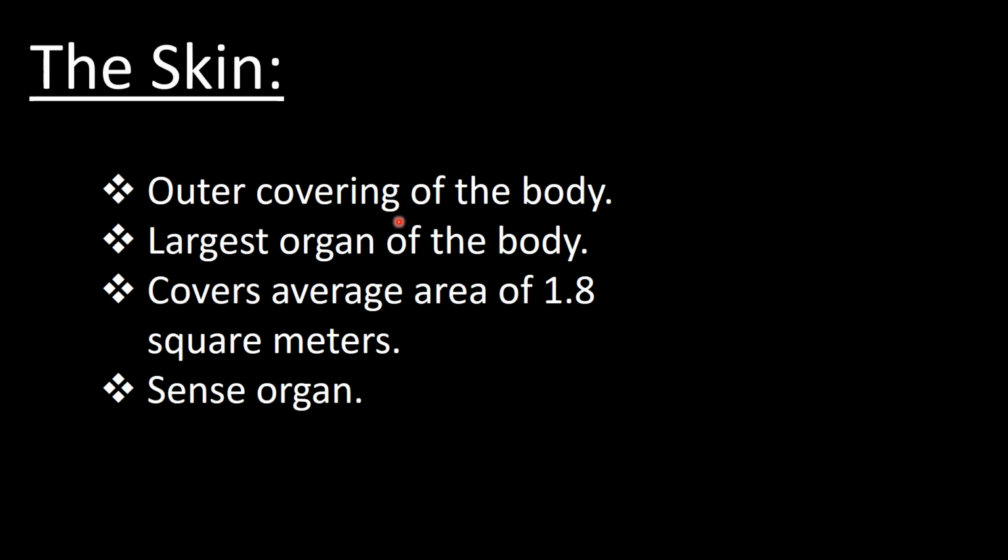Some have skin with scales. It is the largest organ of the body. Why? Because it covers an average area of 1.8 square meters. The most important thing about the skin is that it is a sense organ, like the ear, eye, tongue.